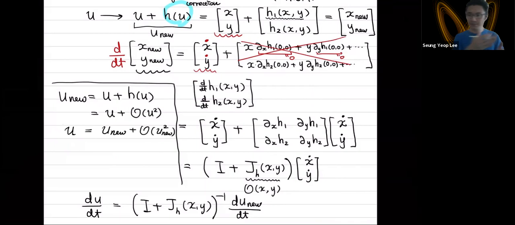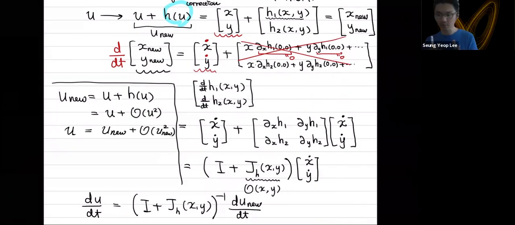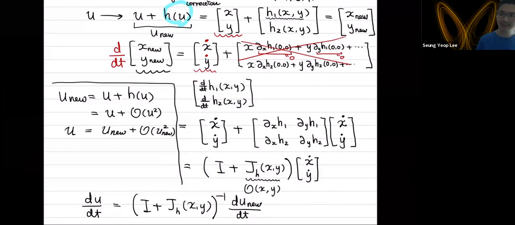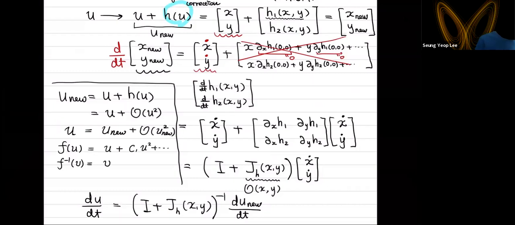If some function is Taylor expanded, u plus C1 u squared plus and so on, then the inverse function will also be Taylor expanded.